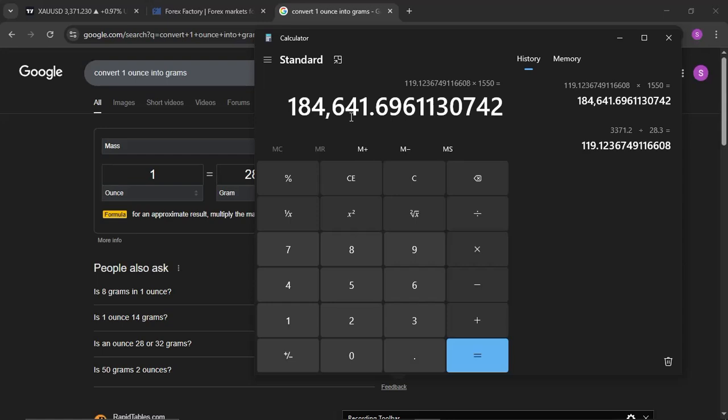Now call anybody that you know in the market and ask them the price of gold 24 karat per gram. If you did not get around this range, call me a liar. Just stop watching this video, go and drag me on any other social media, tell them I'm lying to you. They will tell you the price of gold is within this range.